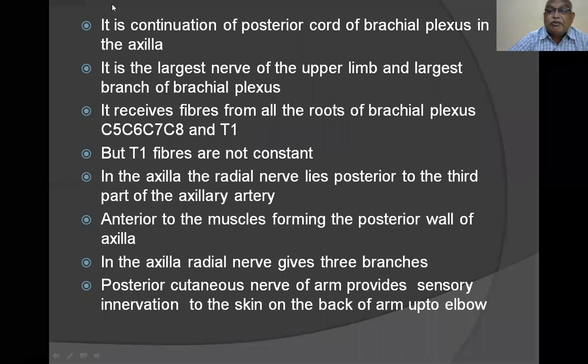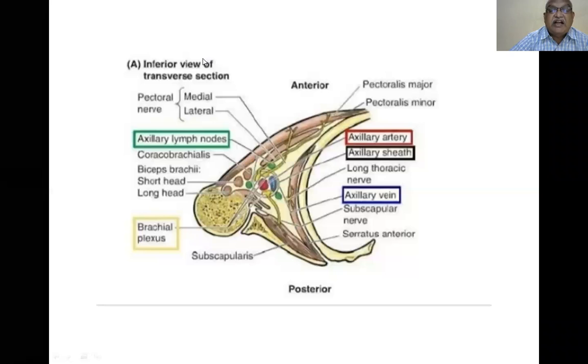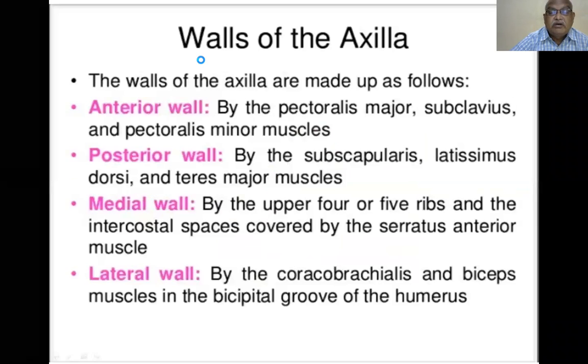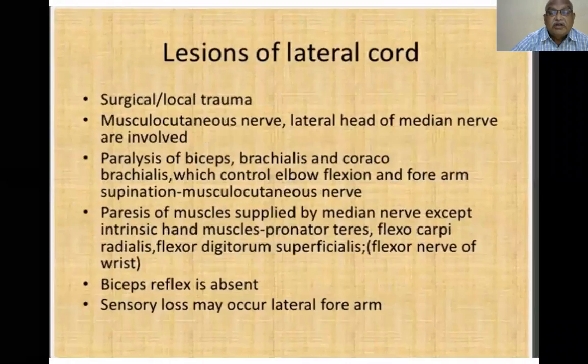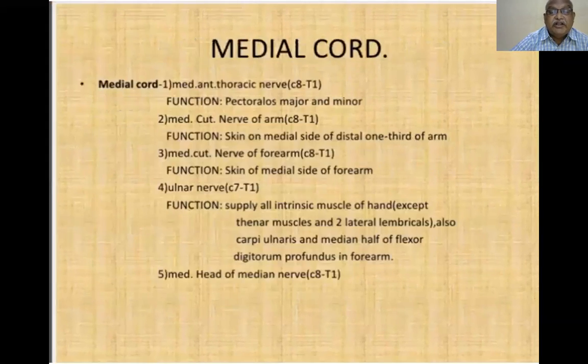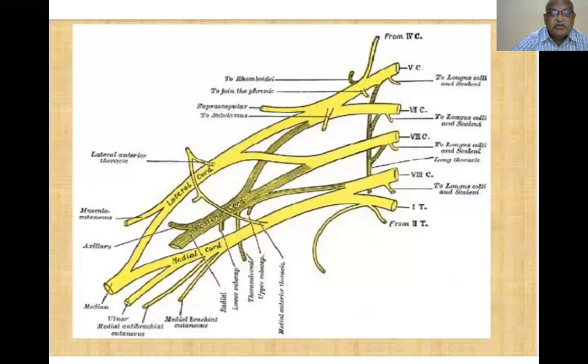It is a continuation of the posterior cord of the brachial plexus in the axilla. I already told you. You have to go through the diagram well, then only you can have it. The radial nerve is continuous with the posterior cord of the brachial plexus. The axillary nerve is a bifurcation from the posterior cord.